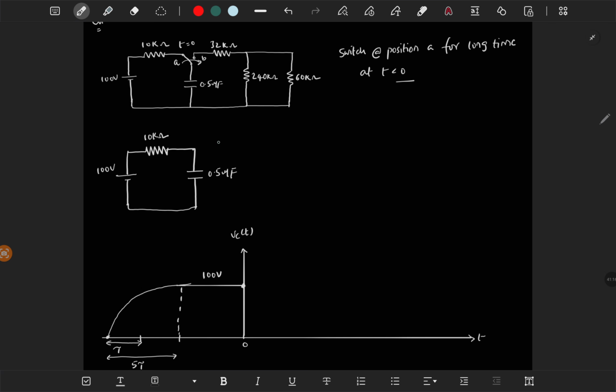So this is for t less than 0, and for t greater than 0, there is a capacitor and resistor, and these two are in parallel, and 240 kilo ohm. Yeah, this is how the circuit looks at t greater than 0.